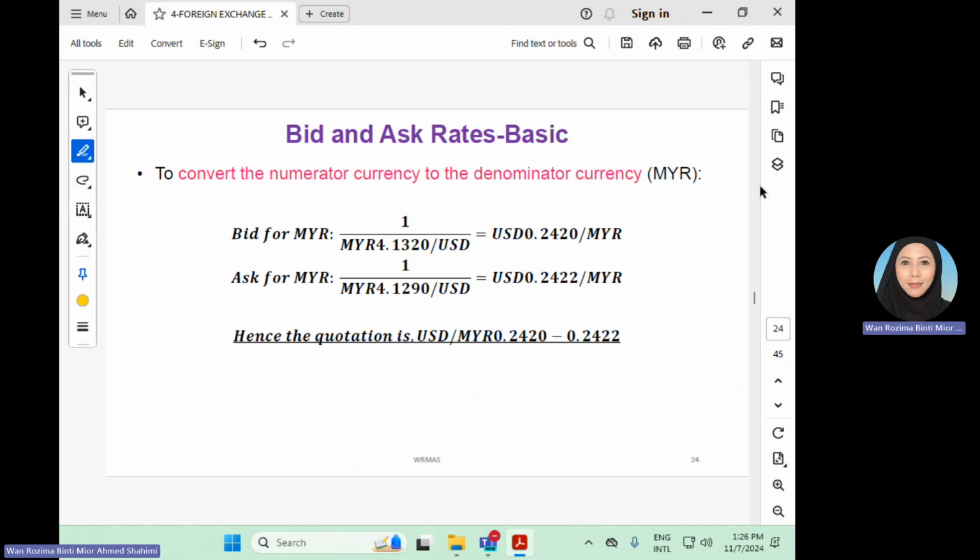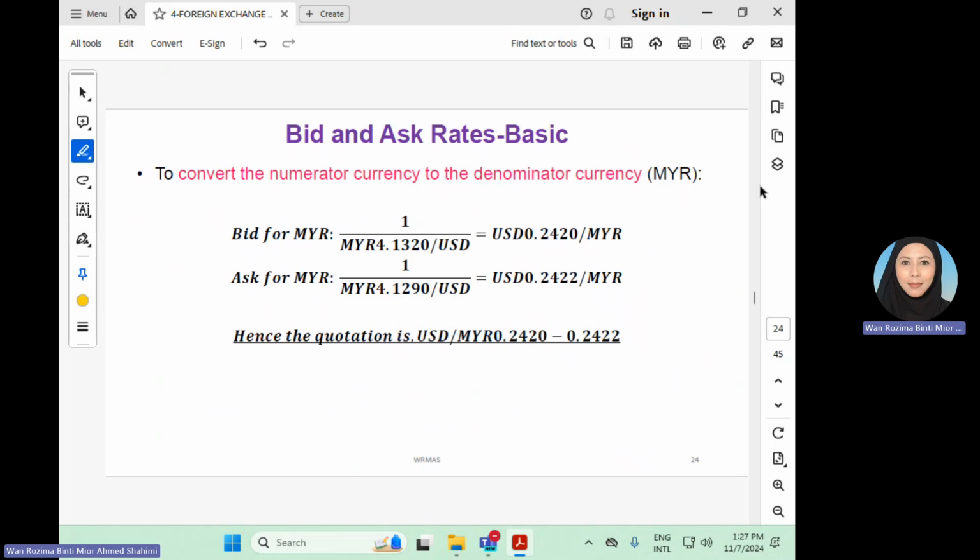So I can see a few students nodding their heads, you get my point? By changing the position, from bid price to ask price and taking the reciprocal, and from ask price to bid price and taking the reciprocal, you can maintain that this one is lower than this one. That is correct. This is a common mistake, so I want to remind you.